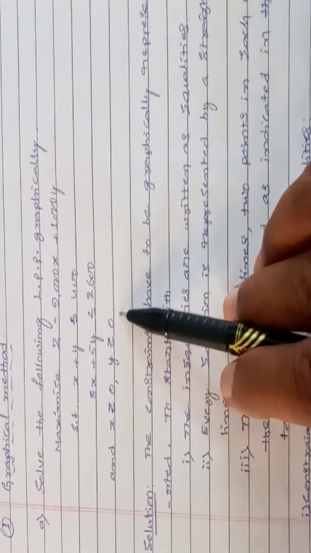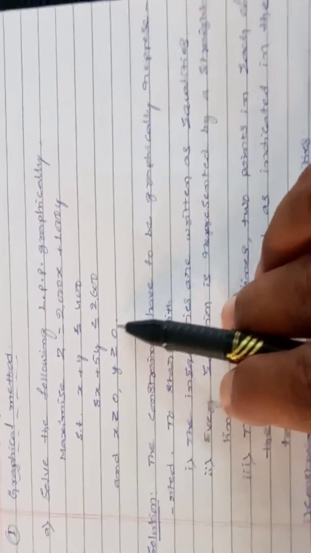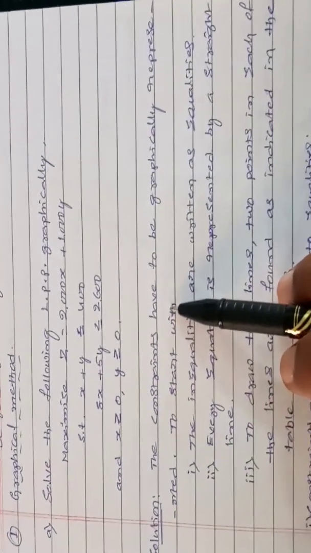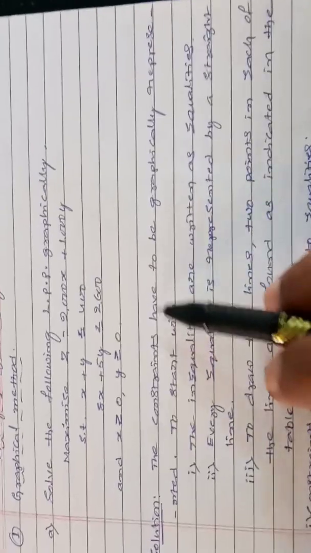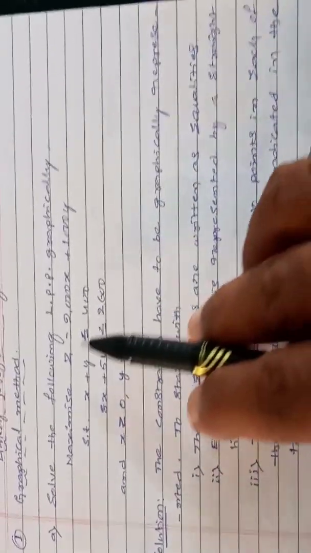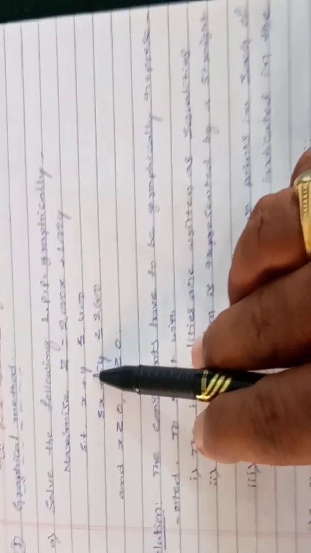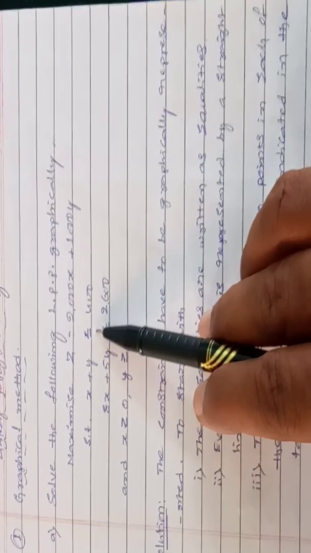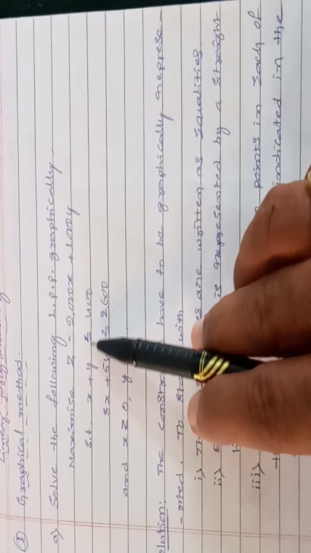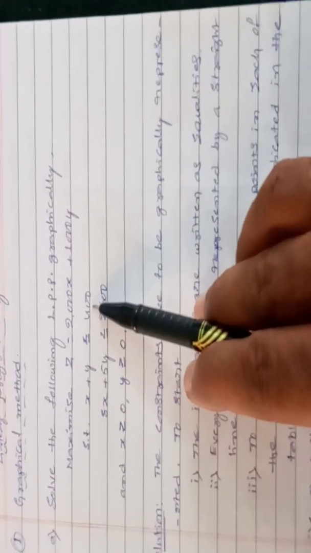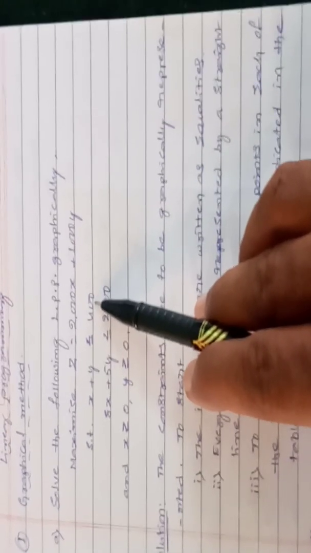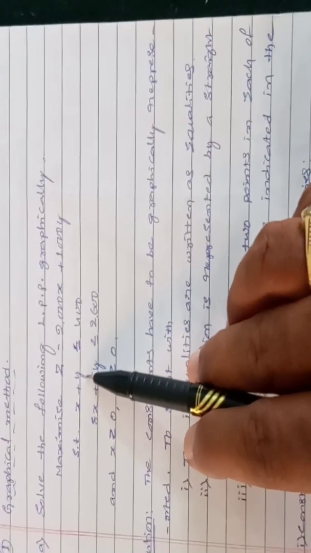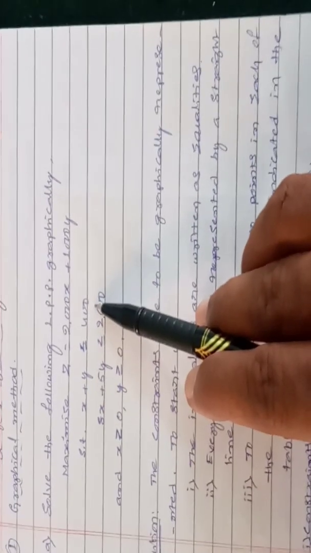Now in this case, first we have to convert the inequalities into equalities. x plus y less than or equal to 400 is an inequality, therefore we make it x plus y equal to 400.